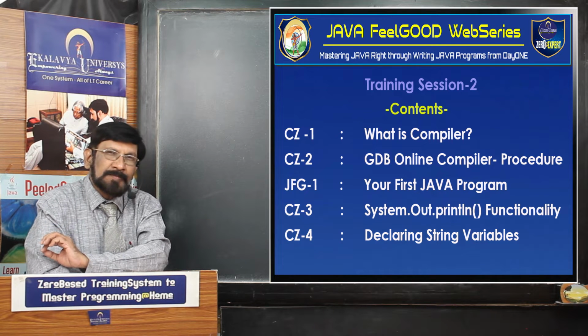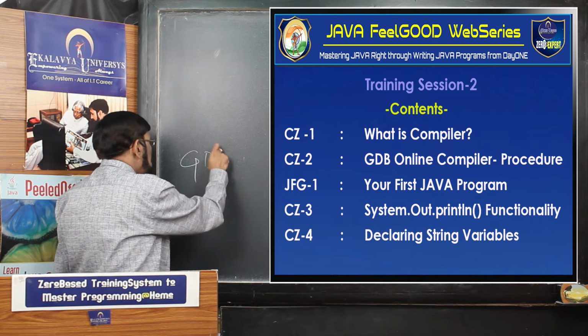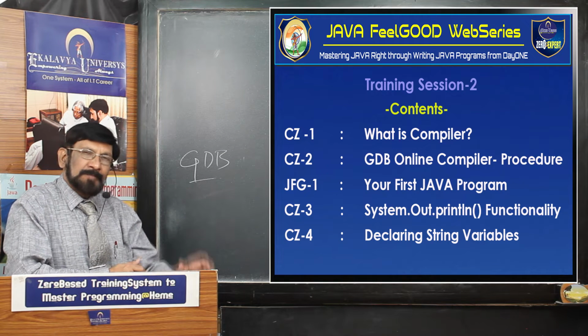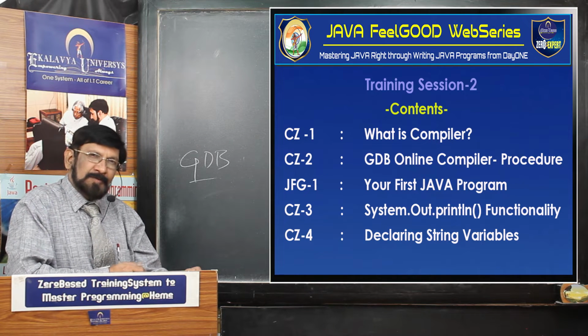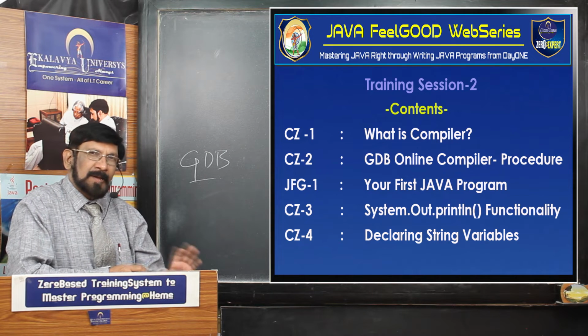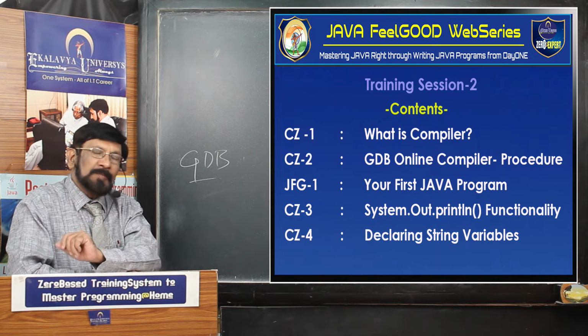Second concept, GDB online compiler. As I told you, for every programming language, a unique compiler is there. But for the sake of your convenience, I am recommending one thing, GDB online compiler. GDB online compiler supports 20 plus prominent languages.